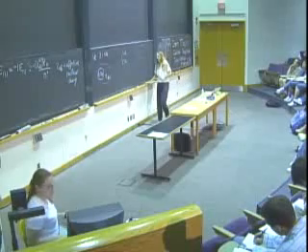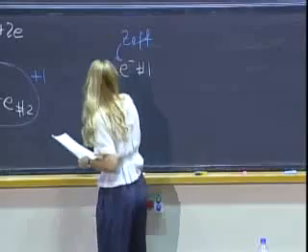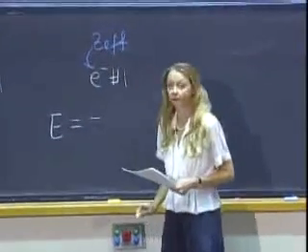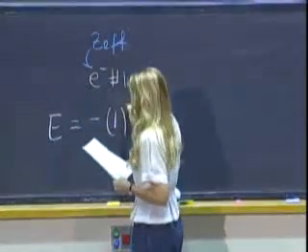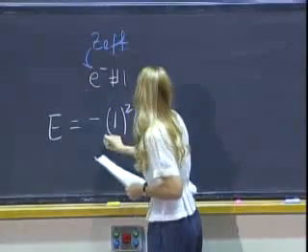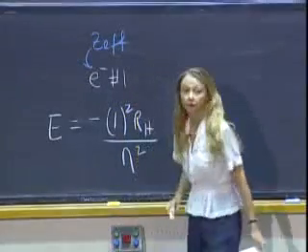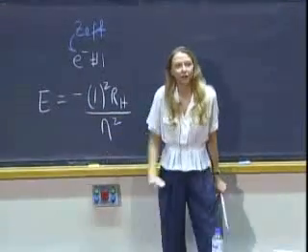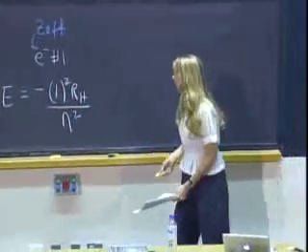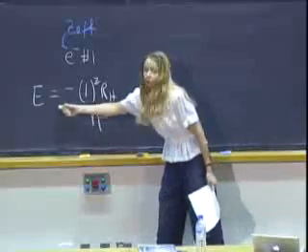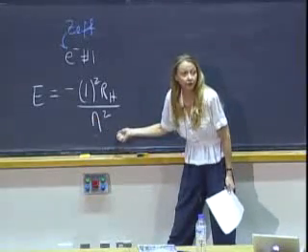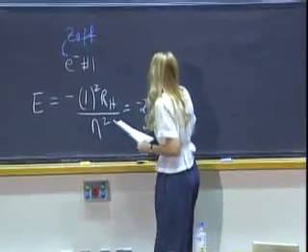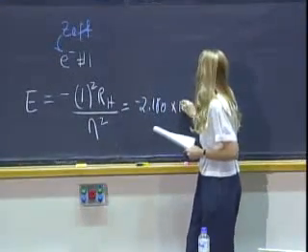If that's the case, then the binding energy of that electron is 1 squared times R sub H over n squared. We're going to consider n equals 1 because we're talking about the ground state of the helium atom. You know what this value is going to turn out to be: minus 2.180 times 10 to the minus 18 joules.